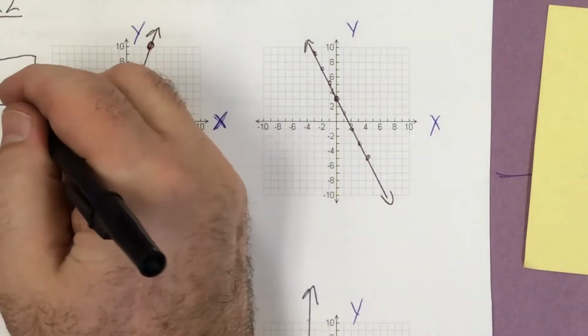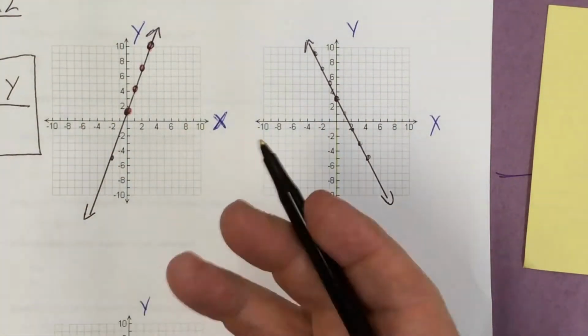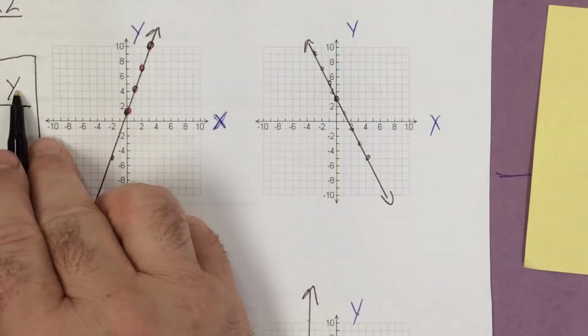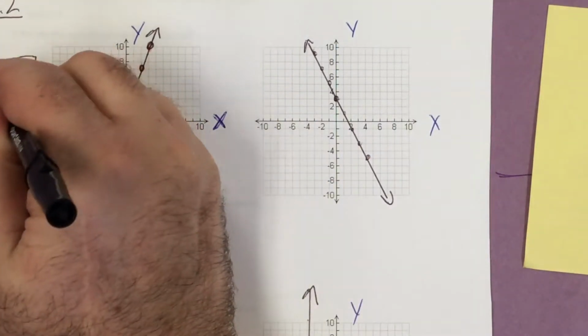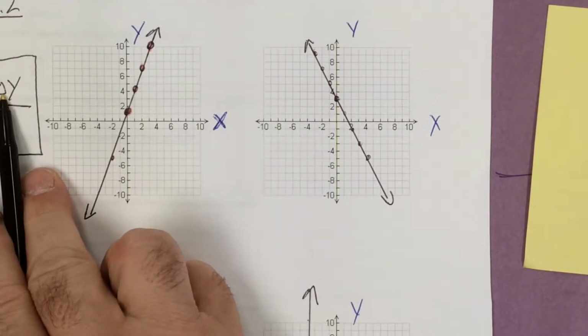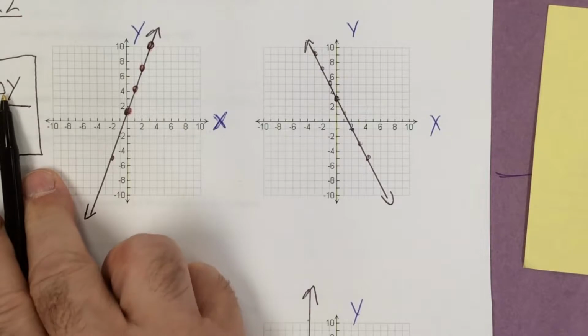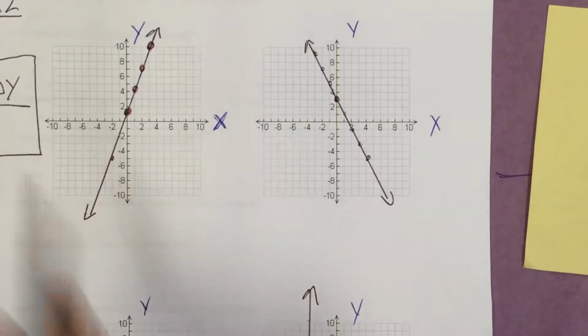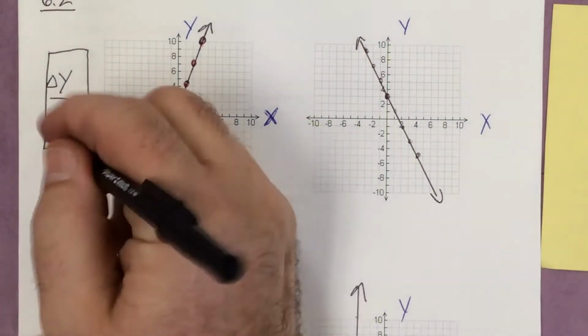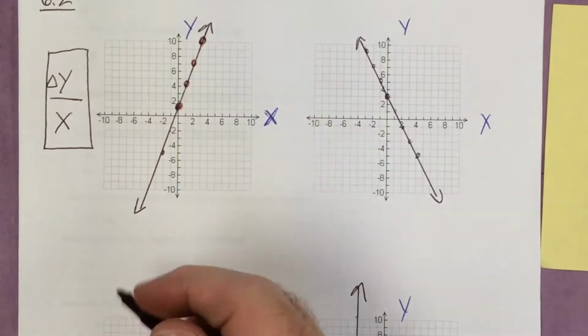We're going to talk about how we change going from one point to the next. And we're going to put that change in y on the top. So we're going to give that a triangle. That triangle stands for delta in Greek, which represents change. So that's going to be the change in y divided by the change in x.